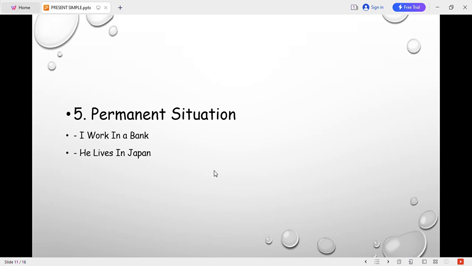And then the condition is permanent situation. I will try to discuss it by using an example. Permanent situation: I work in a bank. Why do I say that I work in a bank is a permanent situation?